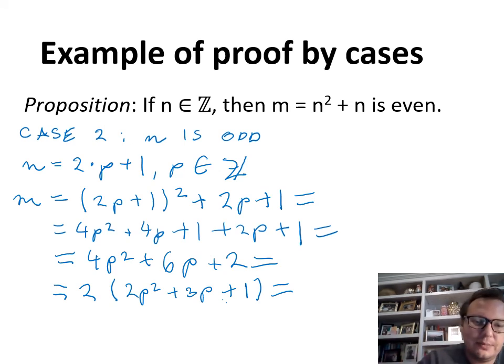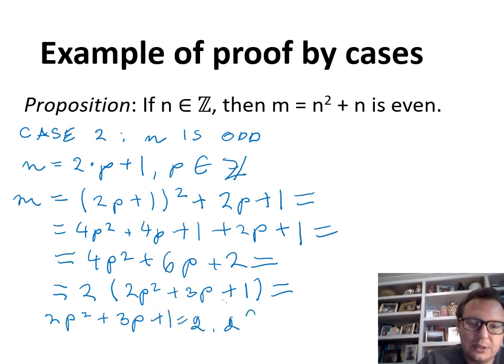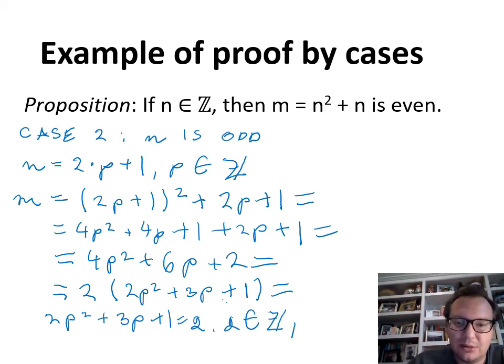Let's call it q. So 2p squared plus 3p plus 1 is equal to q, where q is an element of Z. And we can do this because multiplication and addition are closed under integers. So closure.